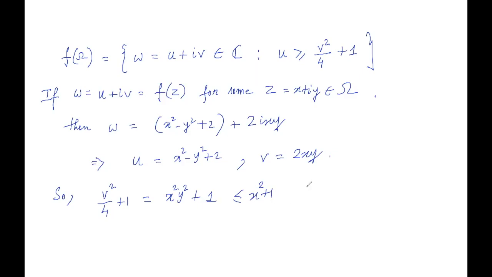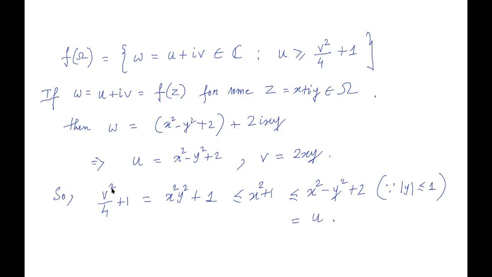So I'm just removing y square, and this is less than or equal to x square minus y square plus 2, since mod of y is given to be less than or equal to 1, and this is nothing but u.